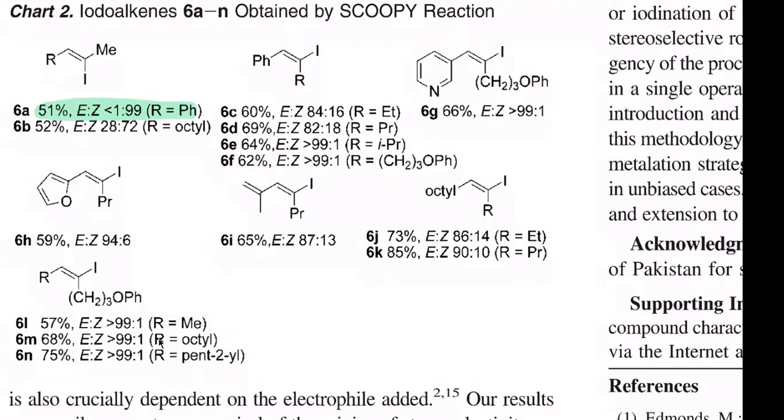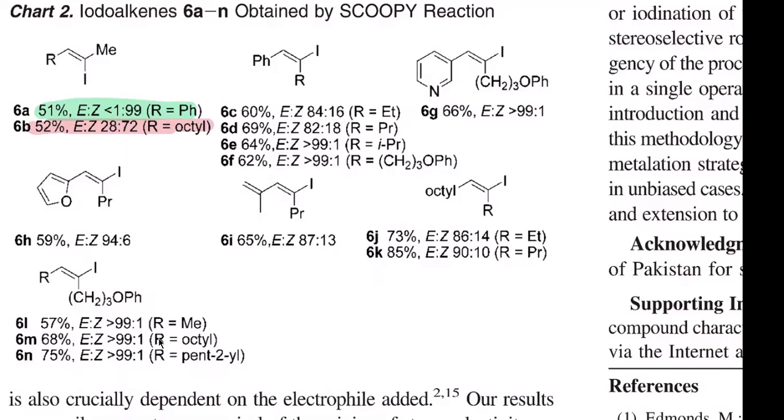So for A, R was phenyl. If we look at A, you can see that the R group is an aromatic, and because of that, you get 99 to 1 for the Z, or the cis. Well, it'll be Z because it's trisubstituted. And then 51% yield, that's not too bad. Then when you change it to an octyl, you get 52% yield, but a change in the selectivity from 1 to 99 to 28 to 72.